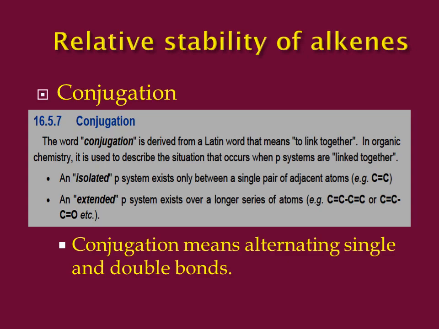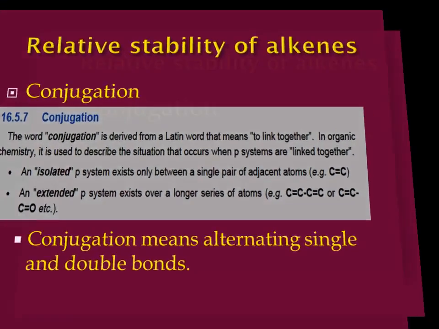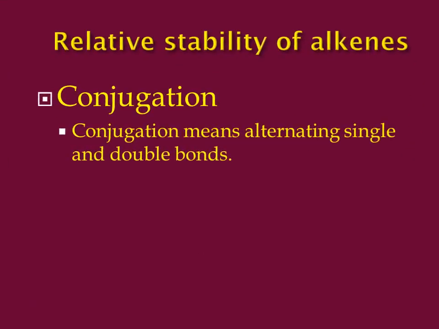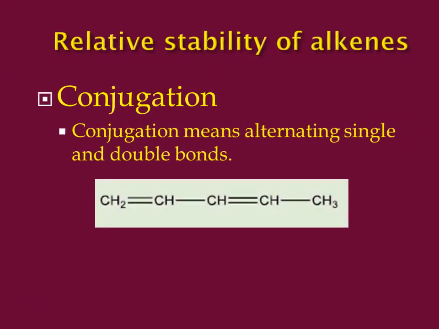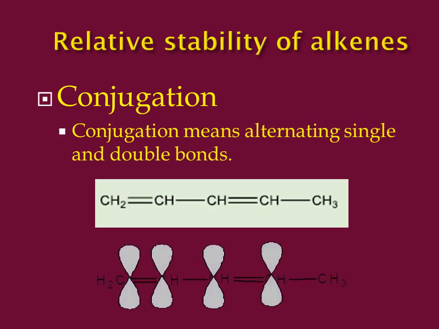In order to understand conjugation, look at this example in which you can see alternating single bonds and double bonds. Let us look at the structure in which the p orbitals are shown. You know that p orbitals overlap sideways in order to make a pi bond. Similarly, the second p orbitals of this double bond are going to overlap sideways.